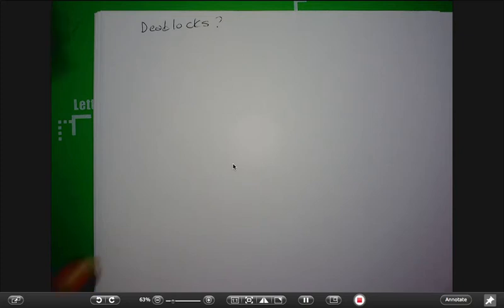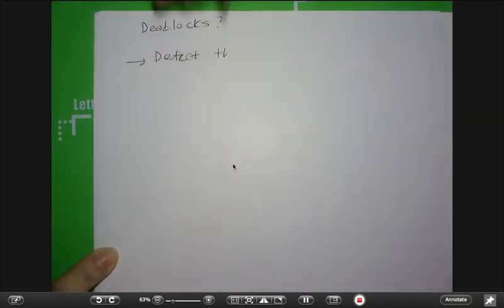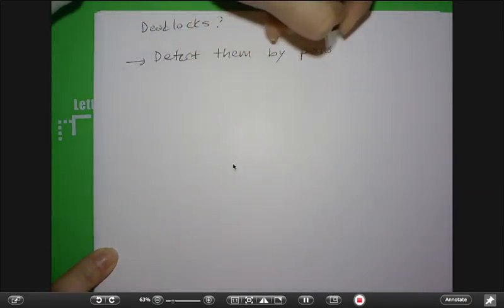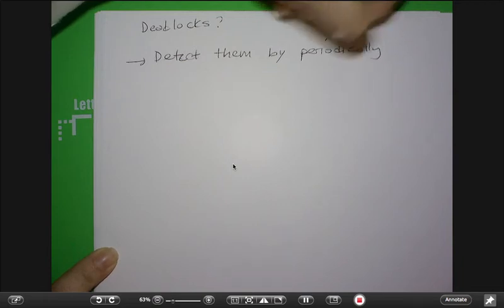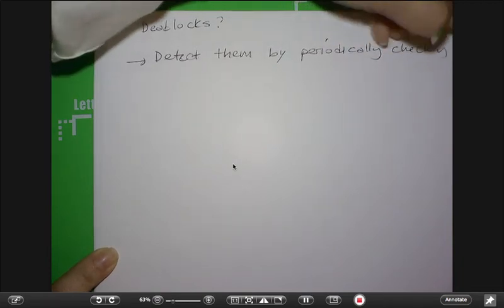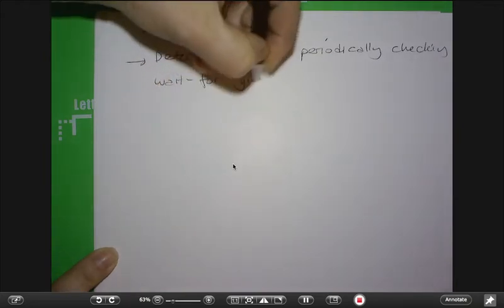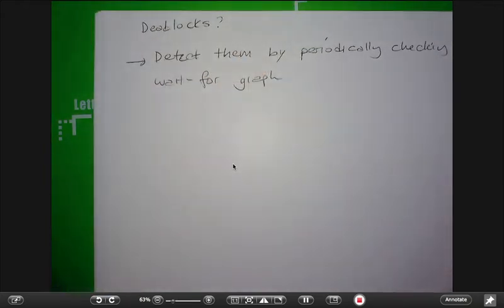Well, what you can do is you can detect them by periodically checking the wait-for graph. Okay. If there's a cycle, that means you have to break the cycle. You have to break the cycle by choosing one of the transactions and aborting it. So when you abort the transaction, you're going to undo everything that it has done.